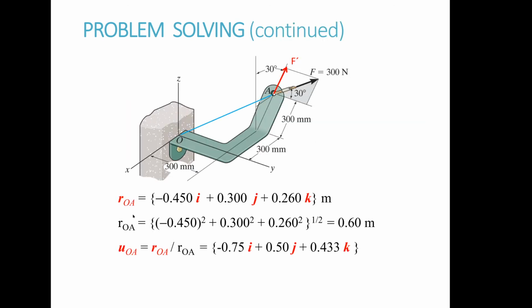And here we go. So r_OA, and its magnitude is no problem, just thinking about its direction. From O to A, it's back along the x-axis by this 450. Like this one's 450. If you think about the vector here, the length of the line from here to here is 300.